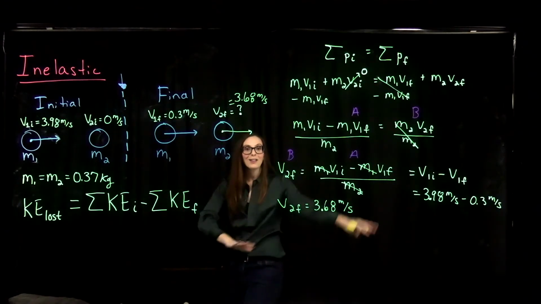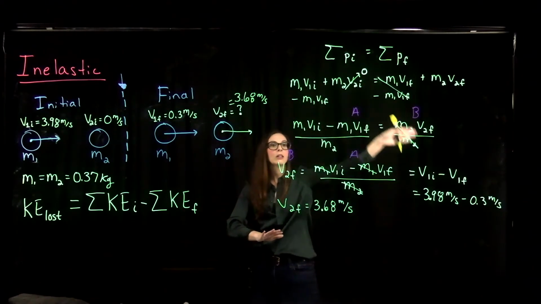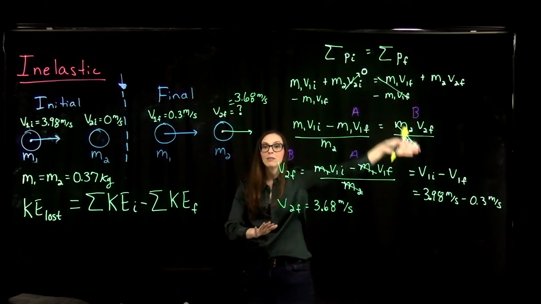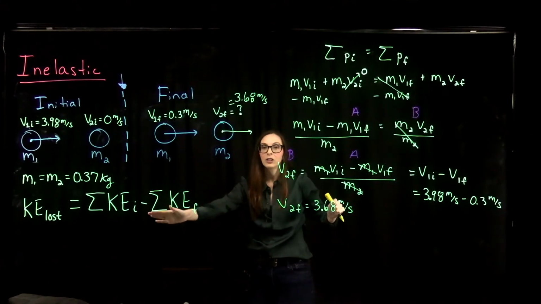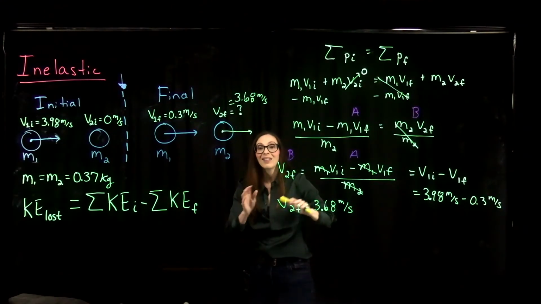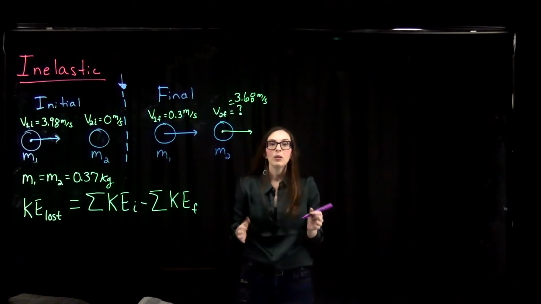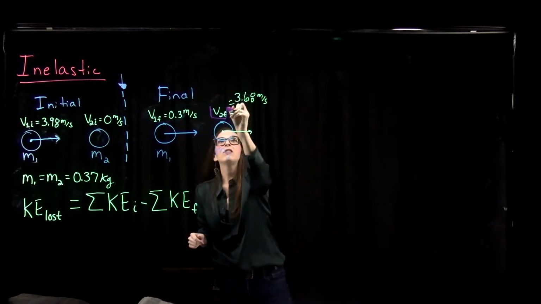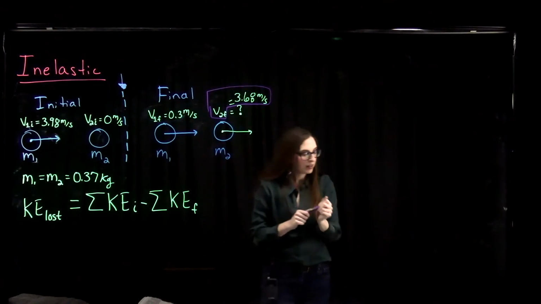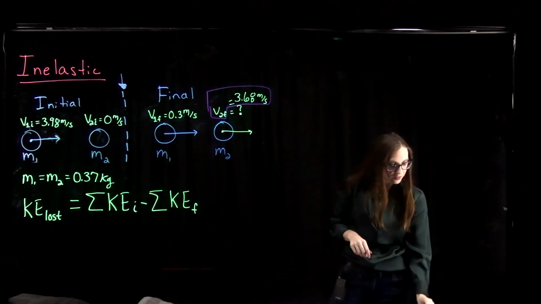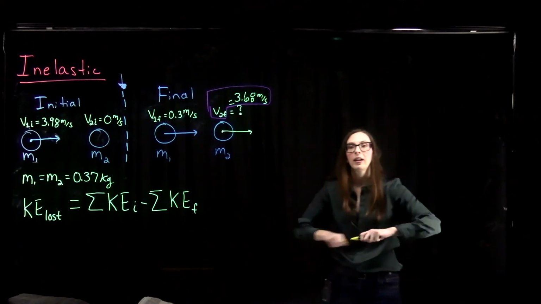Now I've run out of room here, so I'm going to erase this side, and we're going to start a new side over here by solving for these initial and final kinetic energies, so we can get that energy lost. We just found the velocity of ball 2 after the collision, 3.68 meters per second. Now we can go ahead and get the sum of the initial and final kinetic energy.